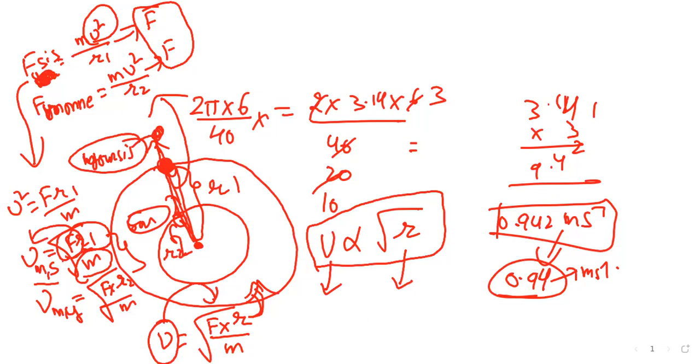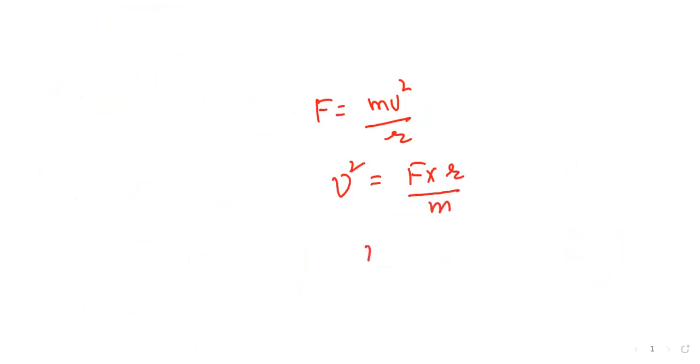Let me write it. F equals mv squared upon r, and from here you can see that v squared equals F times r upon m, and v is given by the square root of F times r upon m, right? So this velocity is directly proportional to the square root of the radius r.